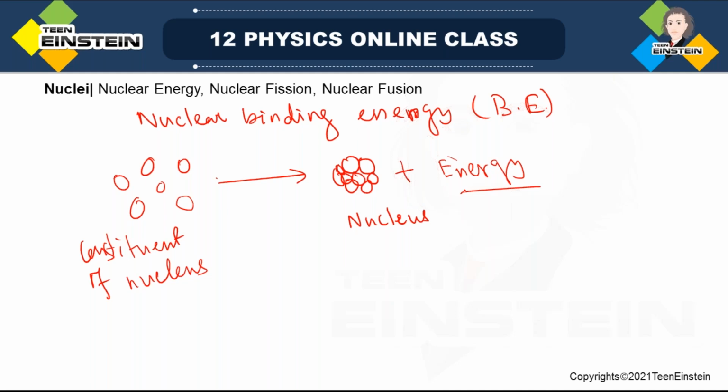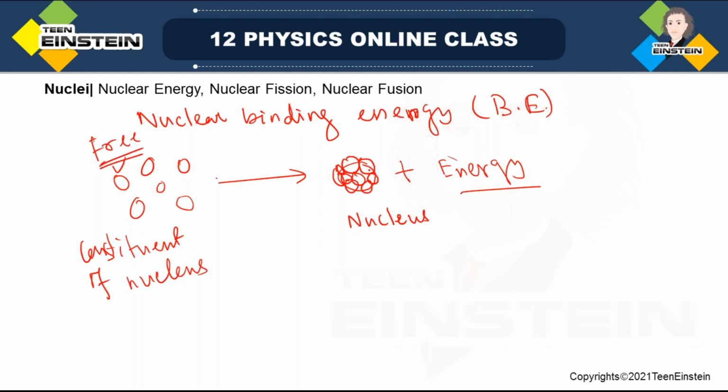We can define binding energy in two ways. In this example, I have taken free constituents like neutrons and protons. When they are made to form a compact nucleus, they are bound together in a very tiny space. Suppose they were free in the beginning.